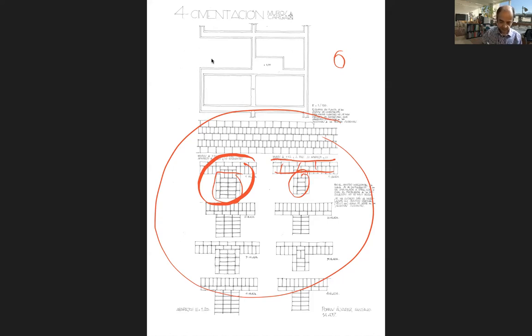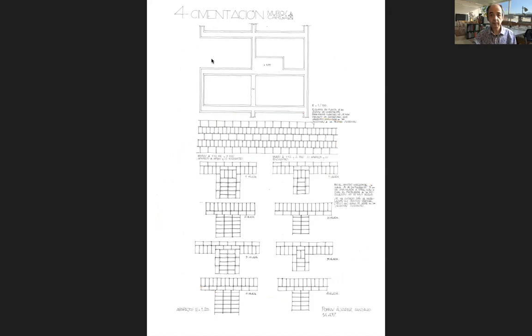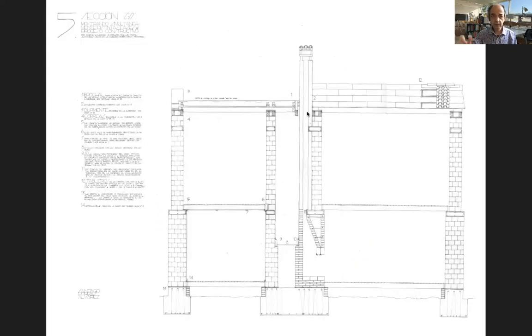This is what you explain in the project. Then you have the full section. This is already 1 to 20, the full building, in which you have the main organization. And then with numbers, you have the explanation of what is what.